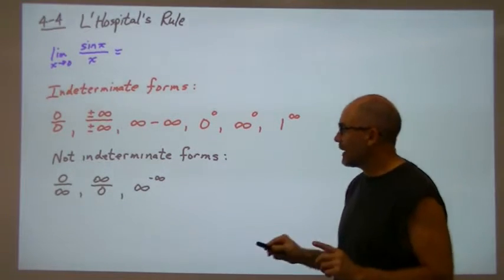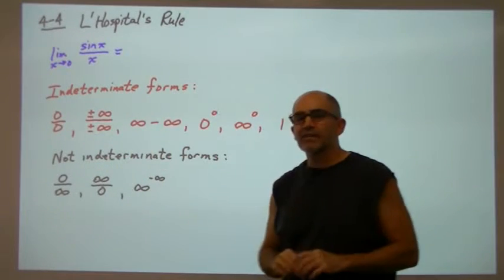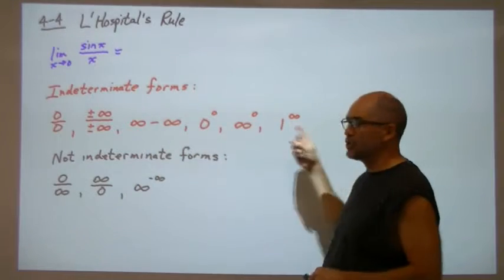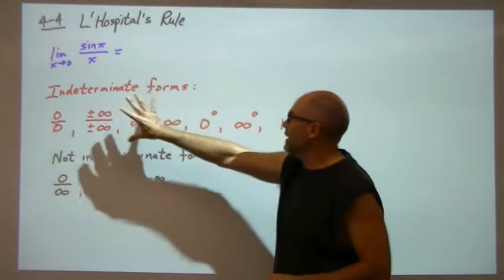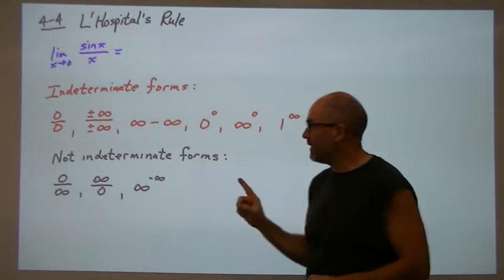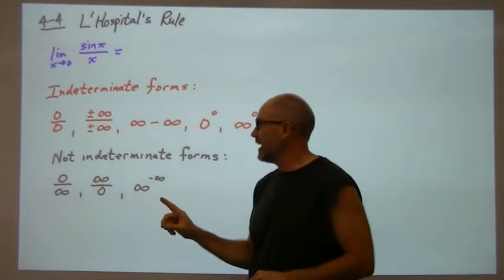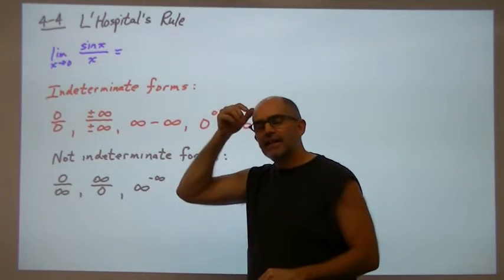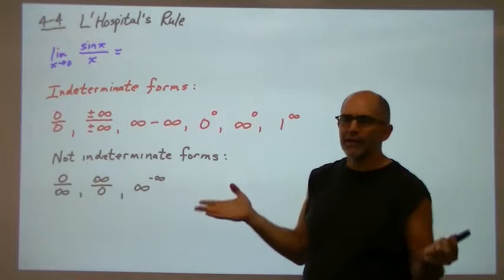Now, one warning. L'Hôpital's rule does not apply if you don't have an indeterminate form. If you have one of these red forms, then you can use L'Hôpital's rule. But if you have, let's say, infinity over 0, that seems like, well, you're dividing by 0, that's undefined.